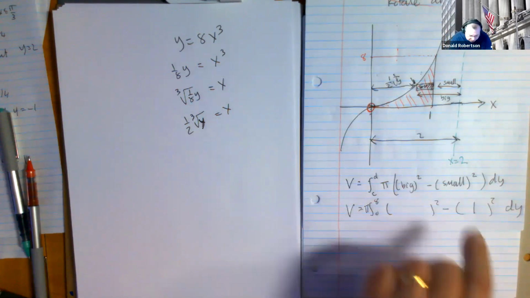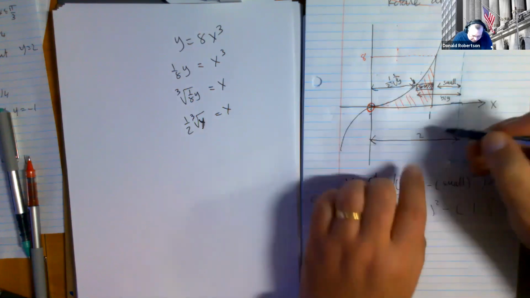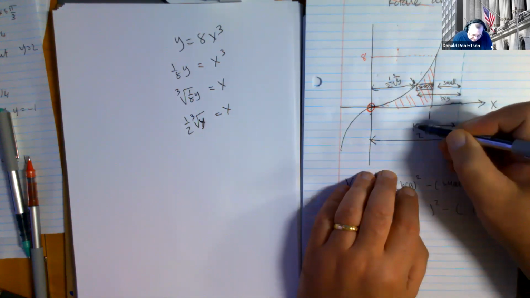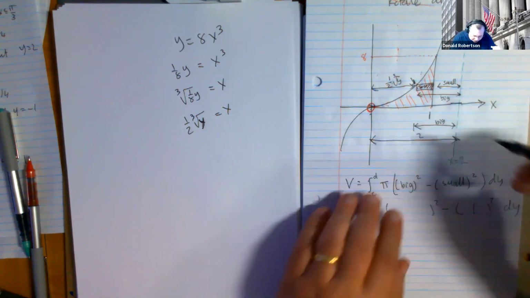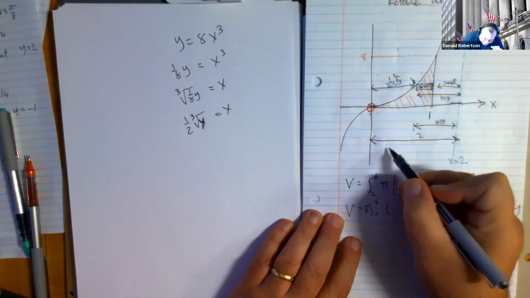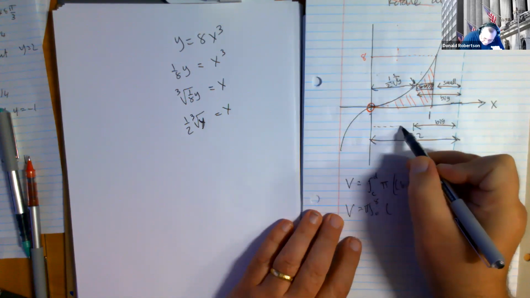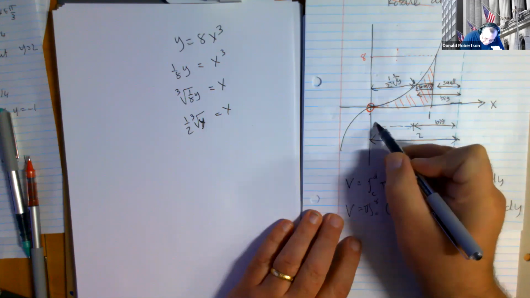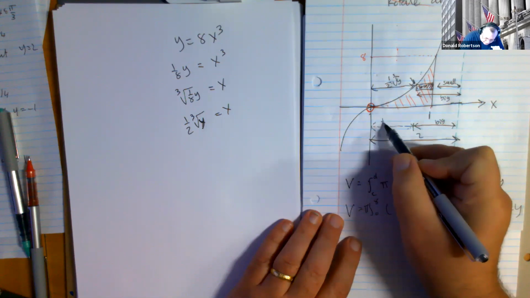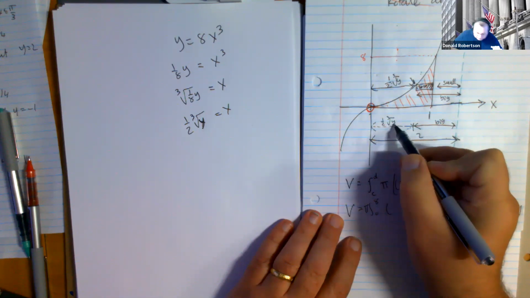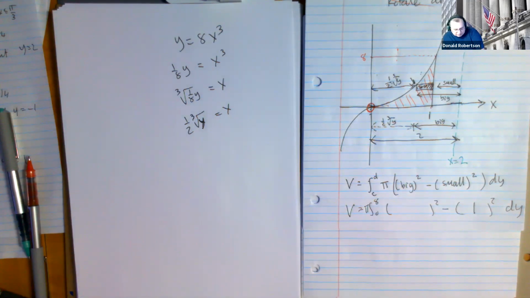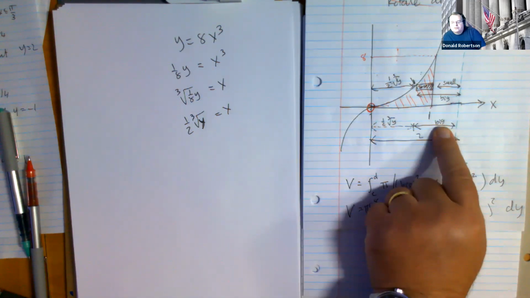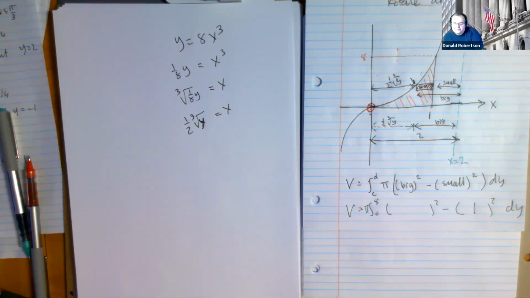The guy we want, right, is that distance. Okay, what is that distance then using y's?